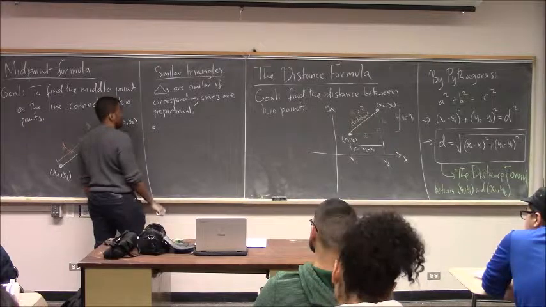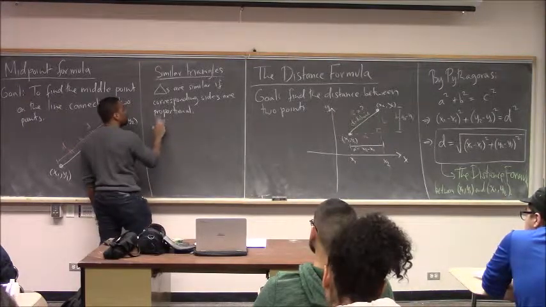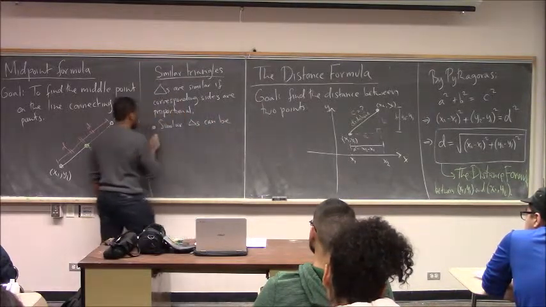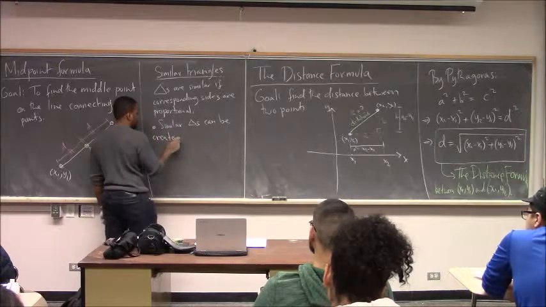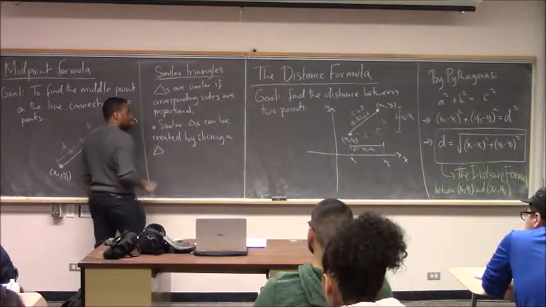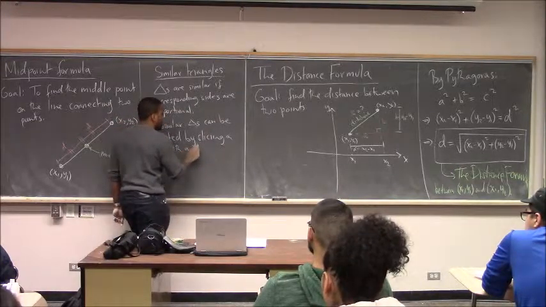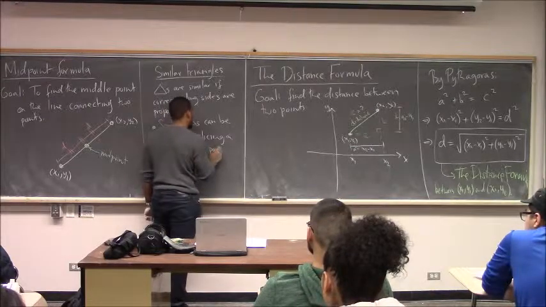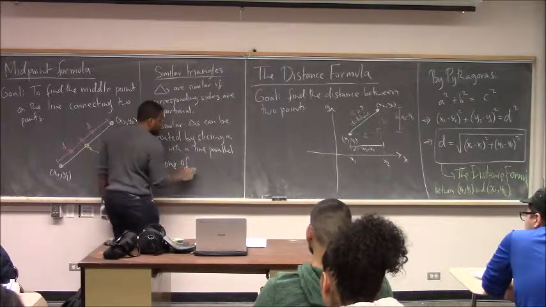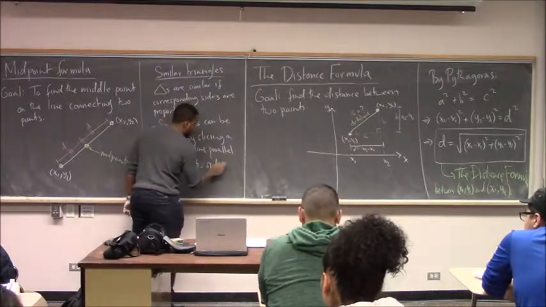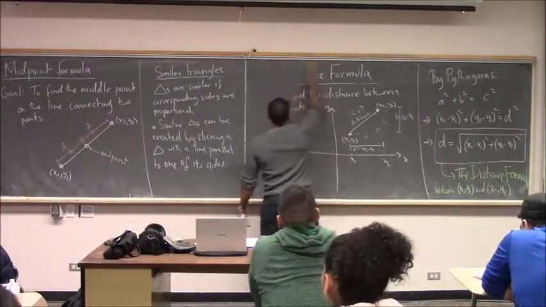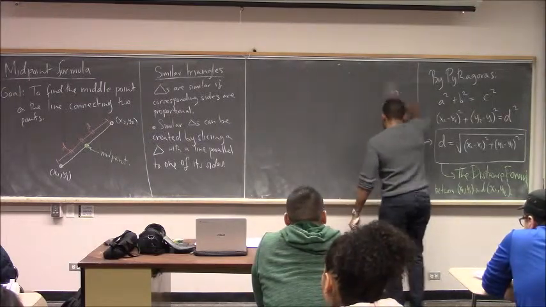The important takeaway, though, is that similar triangles can be created by slicing a given triangle with a line parallel to one of its sides. So that's going way back in geometry. I'm not really going to discuss why that's true. So just know that that is true.